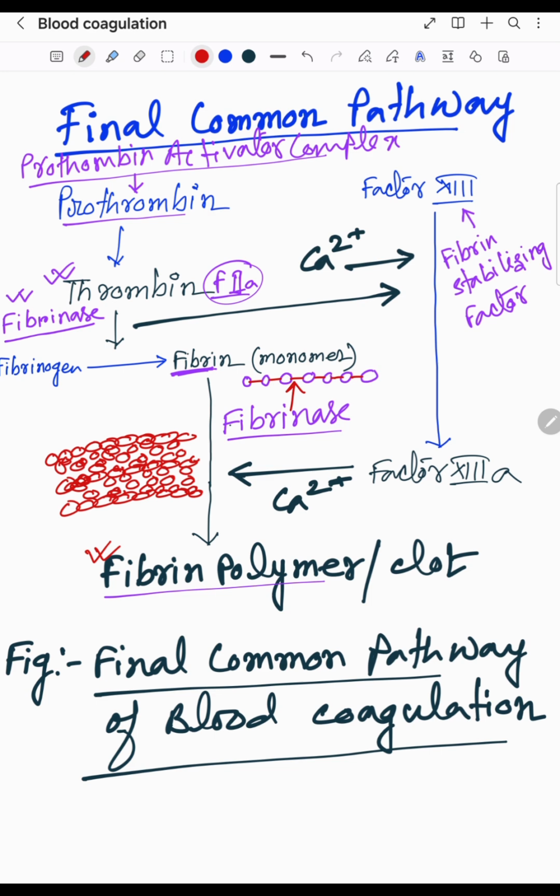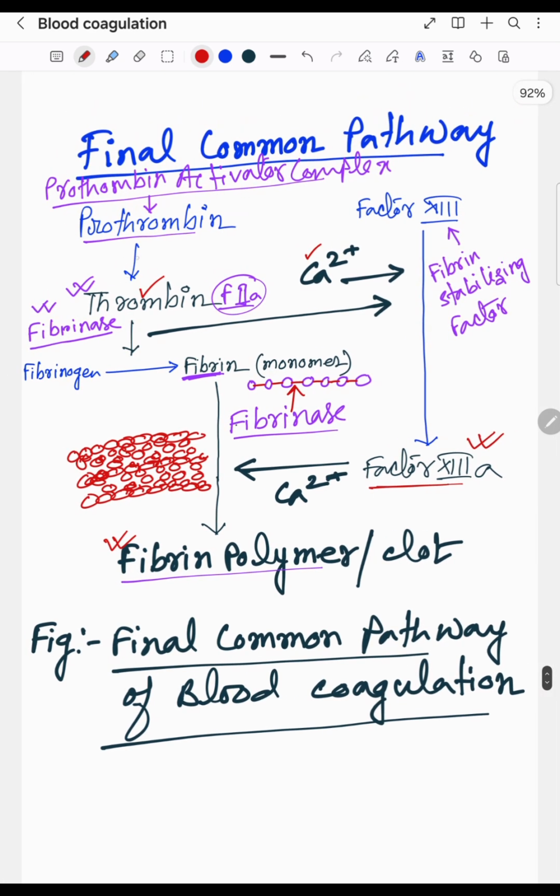Okay, and I missed that factor 13 will be activated with the help of thrombin and calcium, and it will be converted to factor 13A. And to stabilize this clot, we need factor 13A. So, what happens here? Prothrombin to thrombin, thrombin leads to the activation of factor 13 to 13A in presence of calcium.